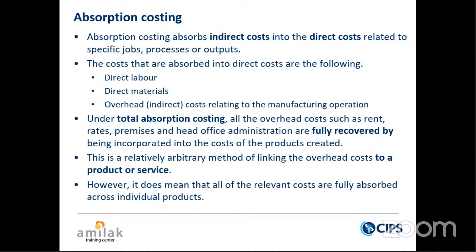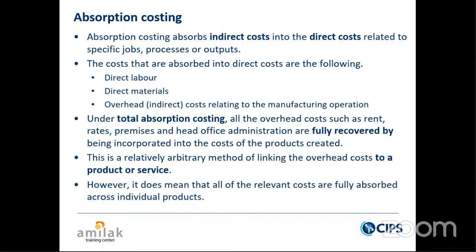So under total absorption costing, all the overheads that a company incurs will be apportioned proportionately to the product that is being produced in the particular environment. That is what we call absorption costing.